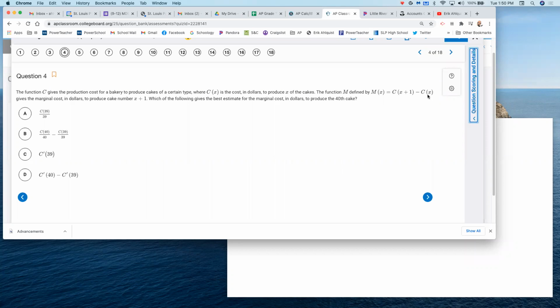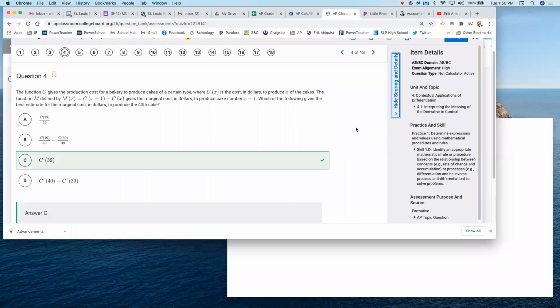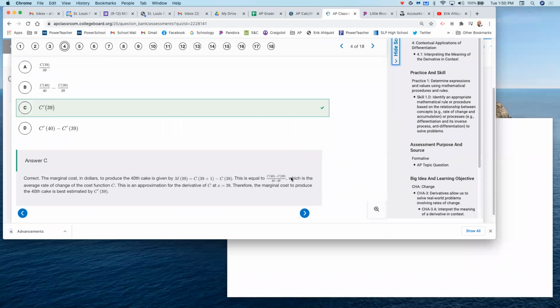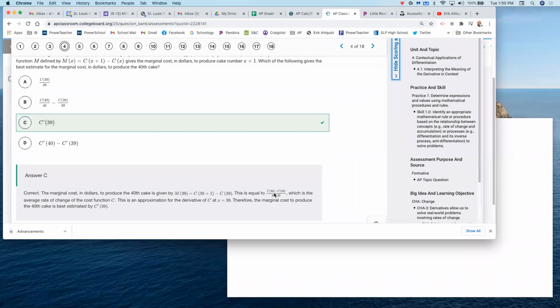But then you'd have to divide it by 40 minus 39. You're talking about the slope here, right? That's another way of doing the derivative at 39.